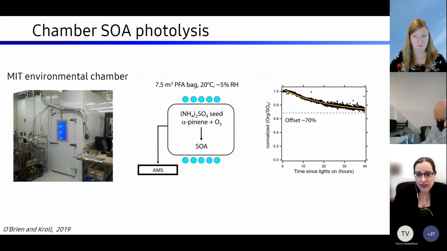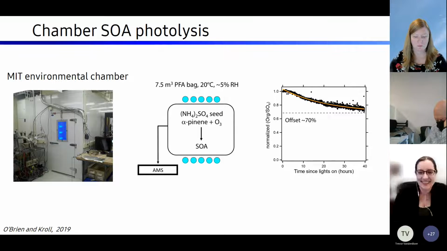What I did that was new here is that I tried to look at this for as long a period of time as I could in this chamber. So when you run a chamber experiment, you're continuously losing the particles. They're depositing out on the walls of the chamber, and they're also being lost to sampling in the instruments. So for these experiments, I was getting out to 40 hours, almost 2 days.